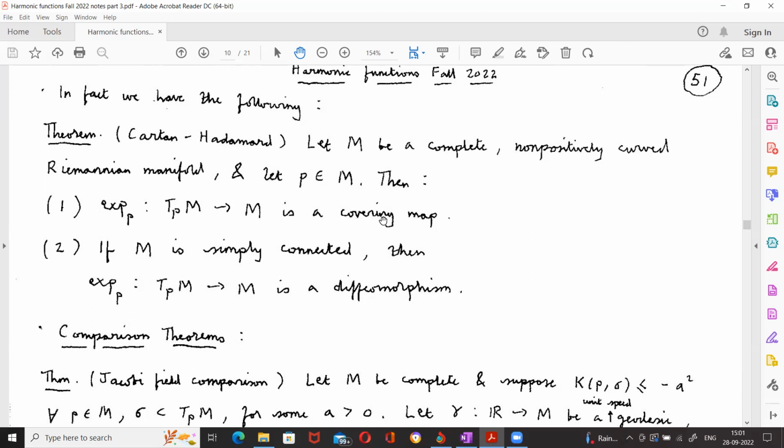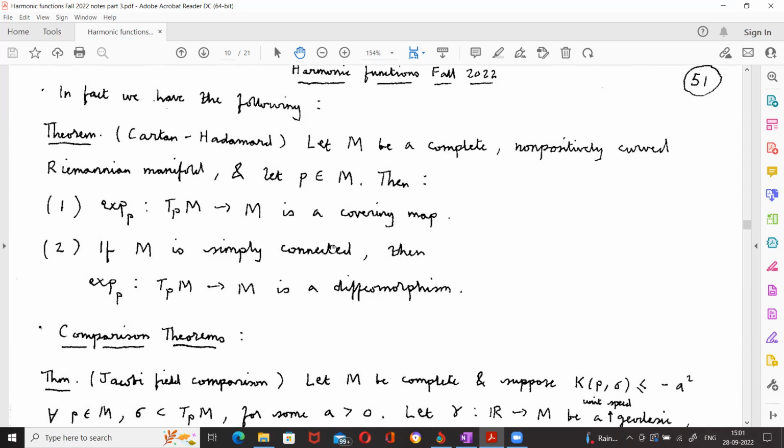This is a non-trivial statement because local diffeomorphisms are not always covering maps. Any covering map is always a local diffeomorphism, but a local diffeomorphism need not always be a covering map. So here the completeness is important in this statement.